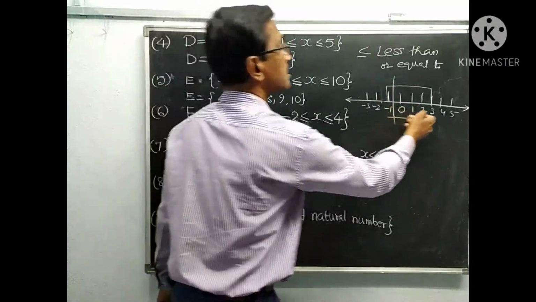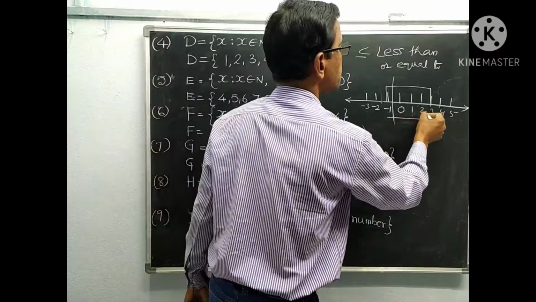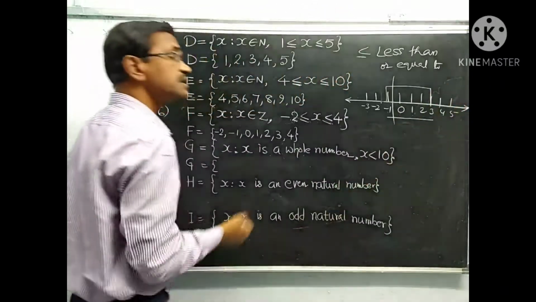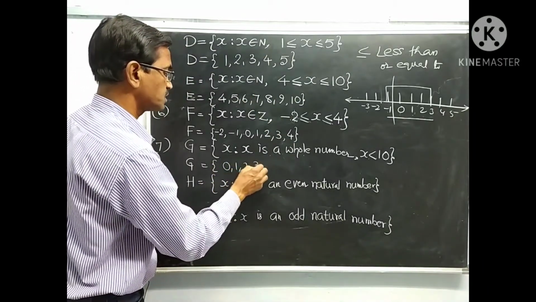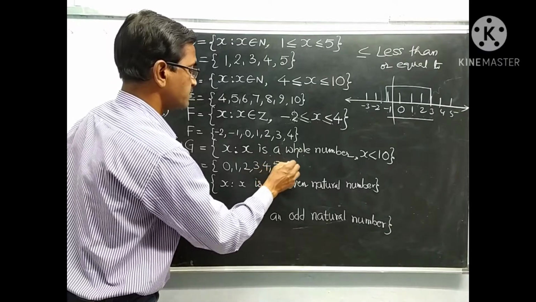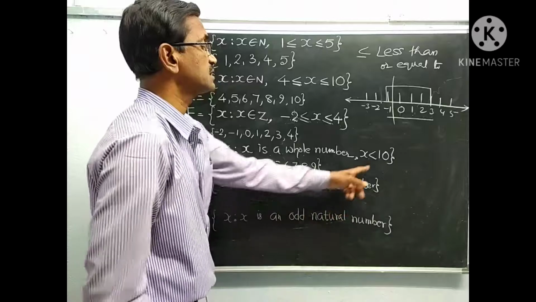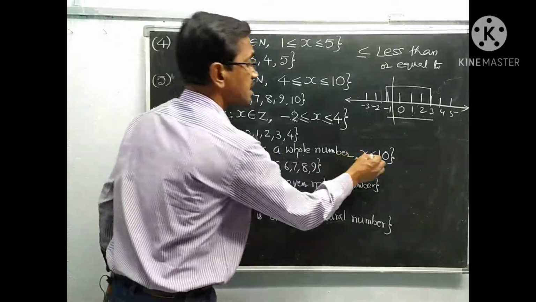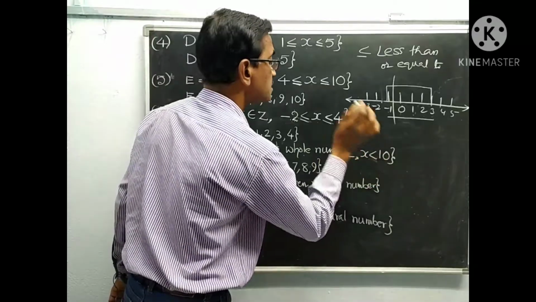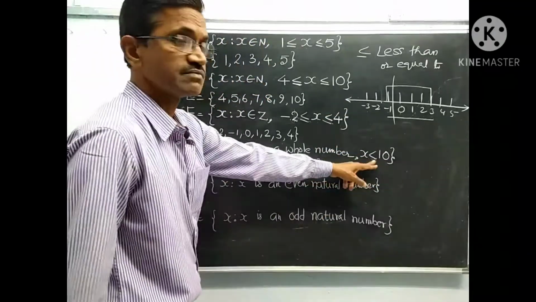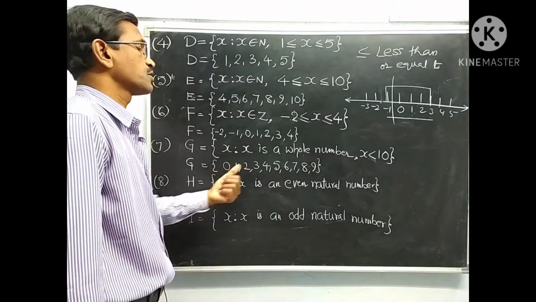Less than 10 are 0, 1, 2, 3, 4, 5, 6, 7, 8, 9. If there is less than or equal to 10, you have to write 10 also. But it is not like this. There is only the less than symbol, so starting from 0, you have to write up to 9 only.